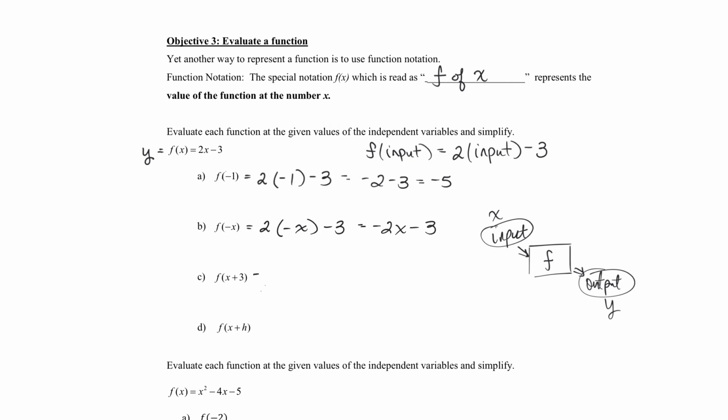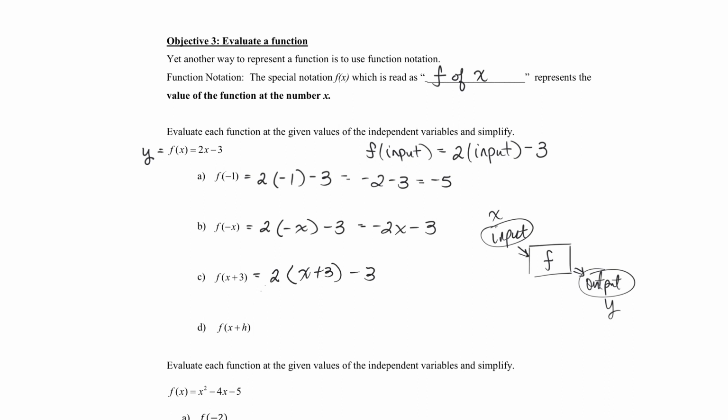Okay, so we're going to do the same thing for example C. This time our input is the expression x plus 3. F of the input equals 2 times the input minus 3. So 2 times x plus 3 minus 3.